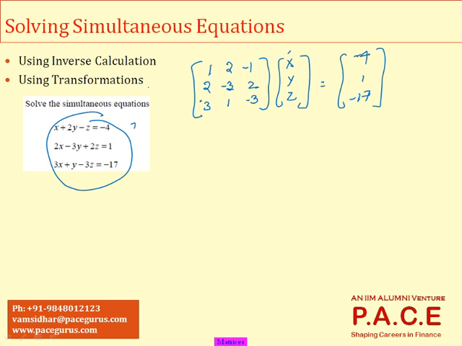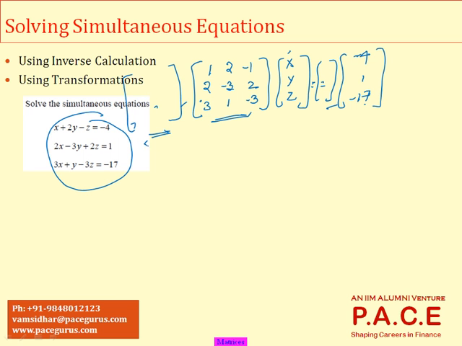Now what you can do is, think of something as the inverse of this matrix, A inverse. You multiply it with A inverse on this side, and here also on this side, A inverse into this.